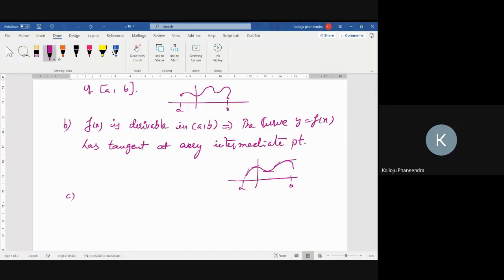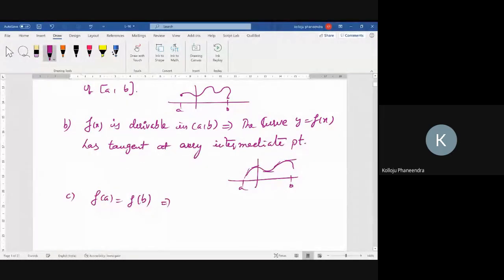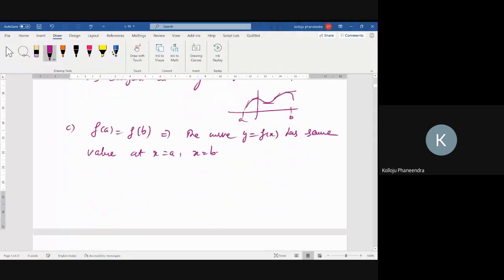And the third condition, f of a equal to f of b, means the curve has the same value at the endpoints. This means the curve y equal to f of x has the same value at x equal to a and x equal to b. Meaning is what?